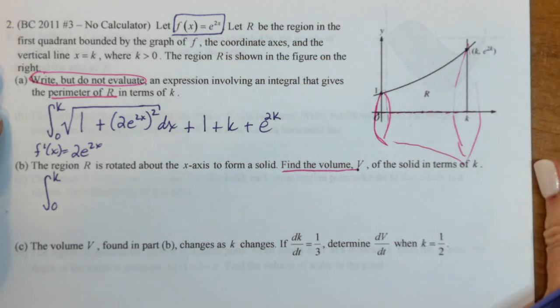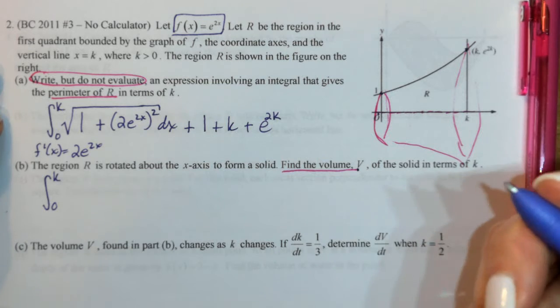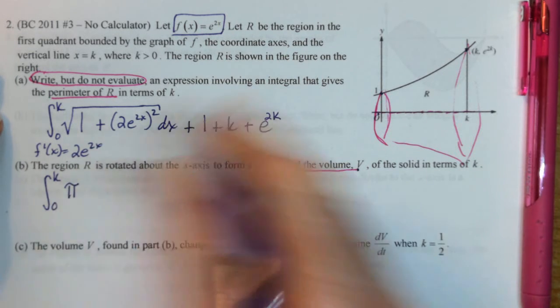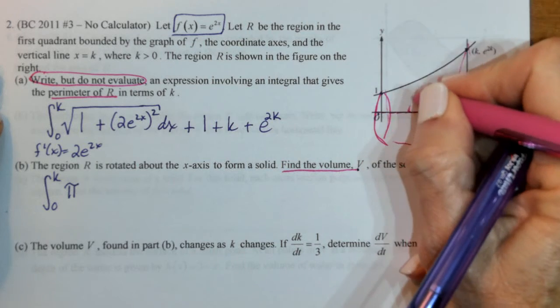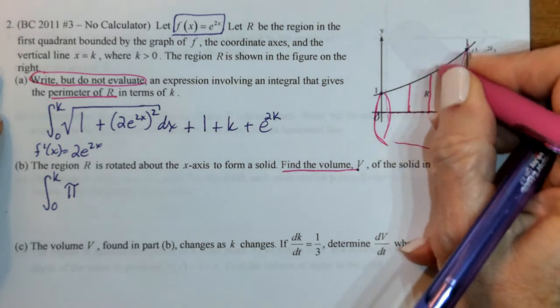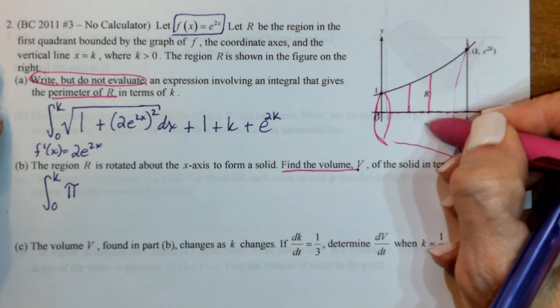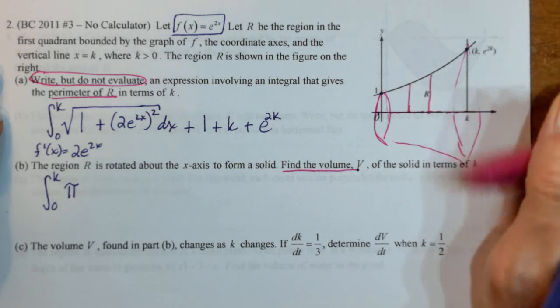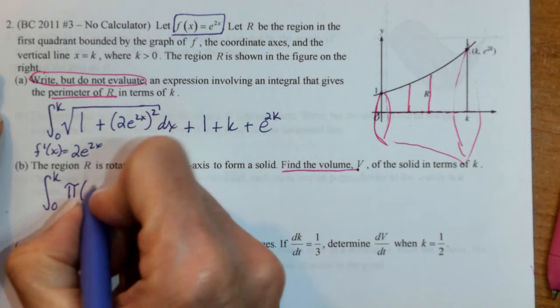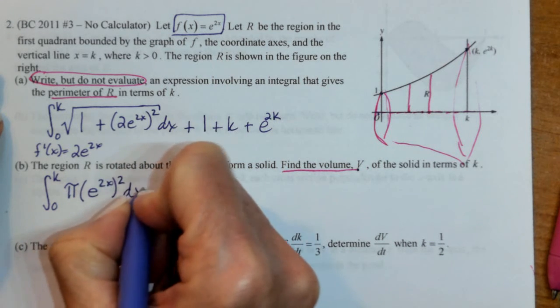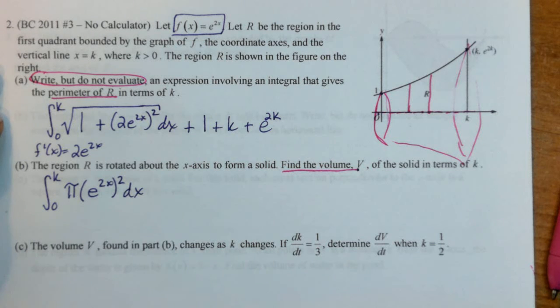So there's no hole. A cross section is just pi r squared. The radius is always just the curve minus the 0, so it's just the curve squared. So pi r squared.